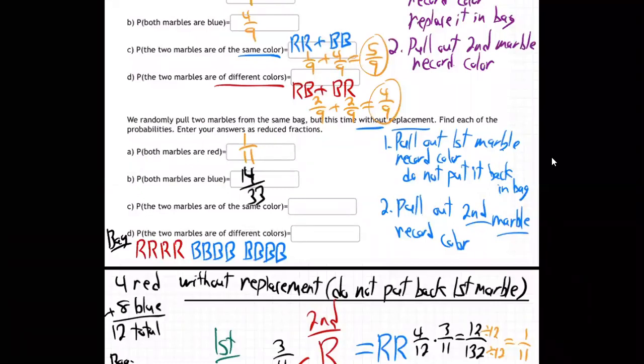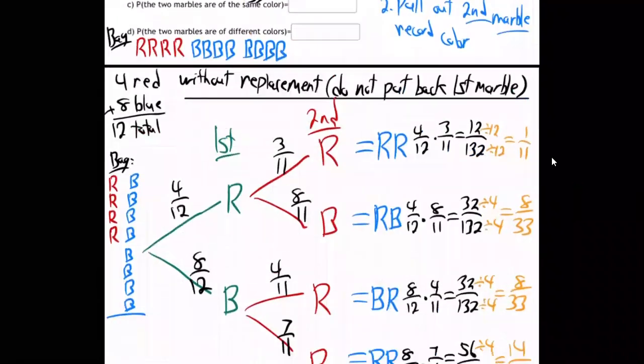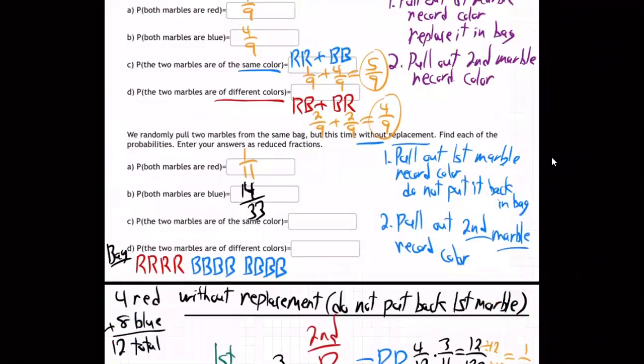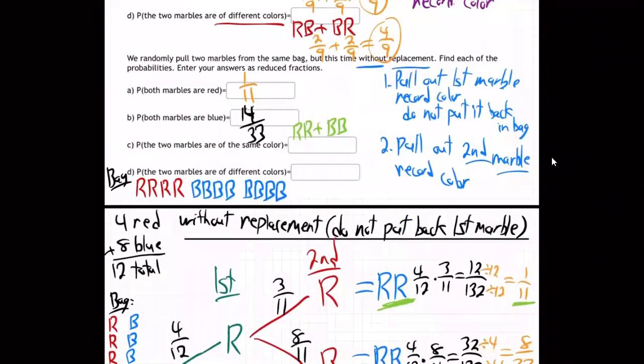Next question. Both marbles are the same color. What's same color going to be? Well, that's going to be red, red, or blue, blue. Either one is same color, right? 1/11 and 14/33 for me. So that's red, red plus blue, blue, which is, what was red? 1/11.